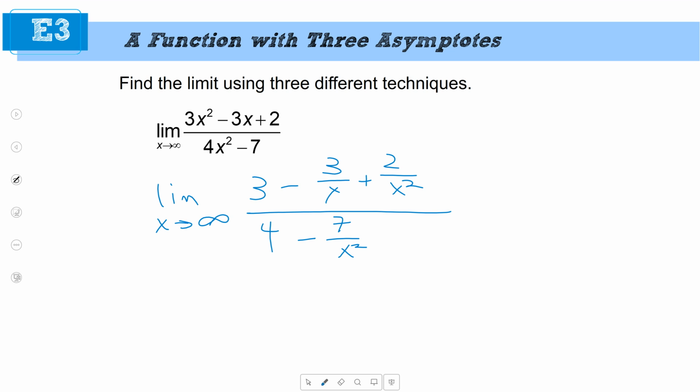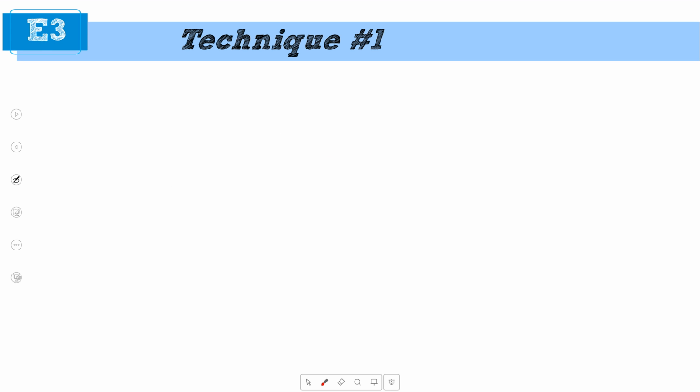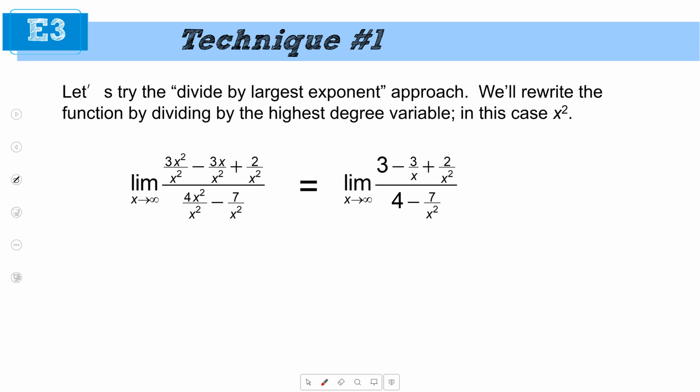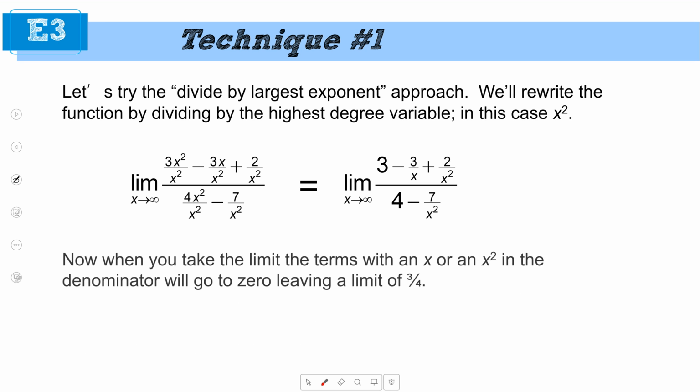Train wreck. But that goes to 0, that goes to 0, that goes to 0, 3/4. Okay. Good? Am I going too fast? No? Okay, so there's what I just did. Not the best approach in the world, but it is a viable way to solve the problem.